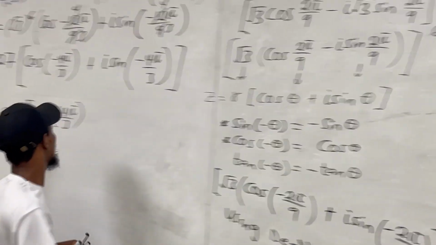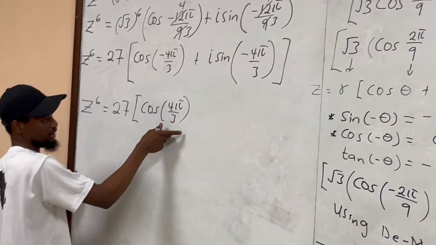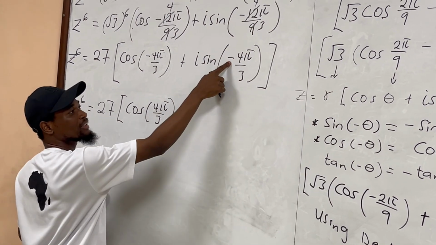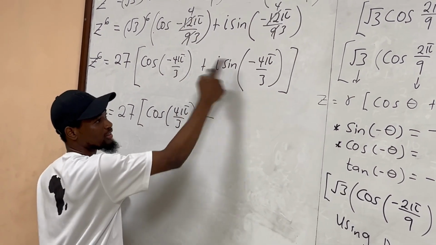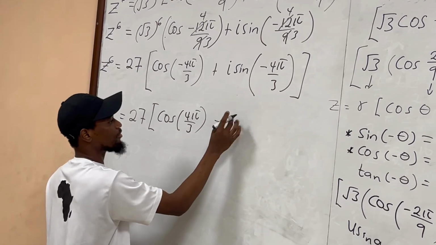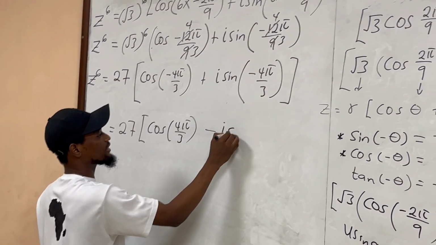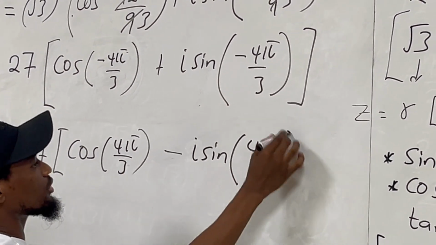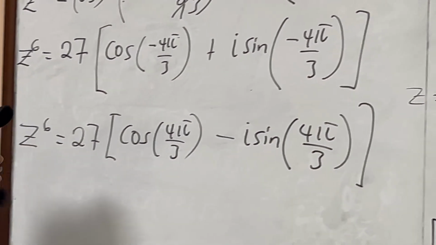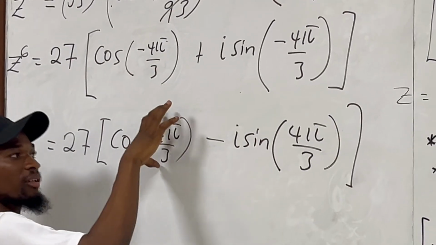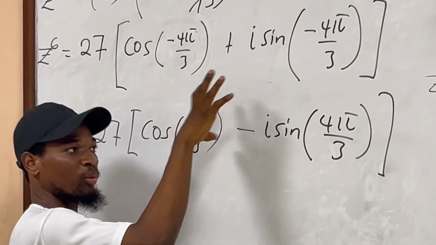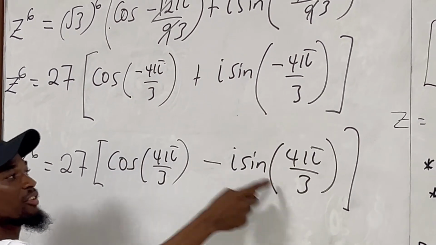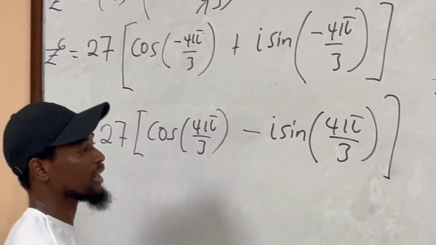So negative, then I change it to positive, it's still the same. Then my negative comes here, then my positive goes there. Then I have i sine of 4 pi on 3. I've done it in such a way that if the angle here is positive, it's positive for both. If it is negative, negative for both. You can see negative, negative, positive, positive. Do you get it that way?